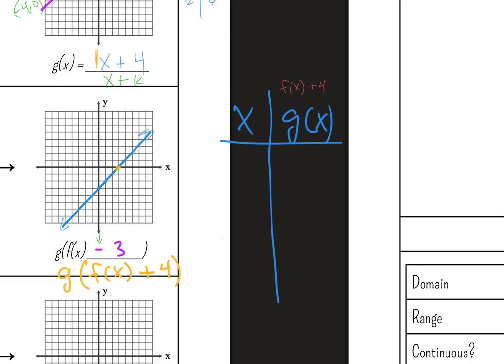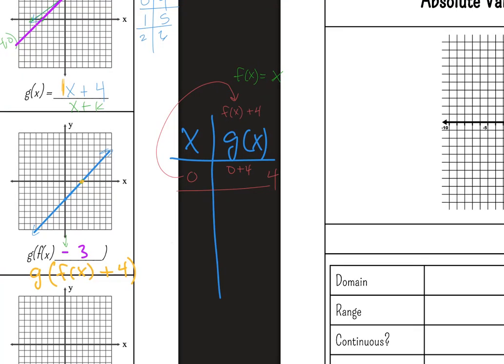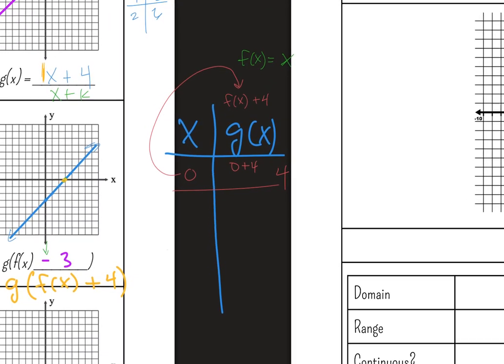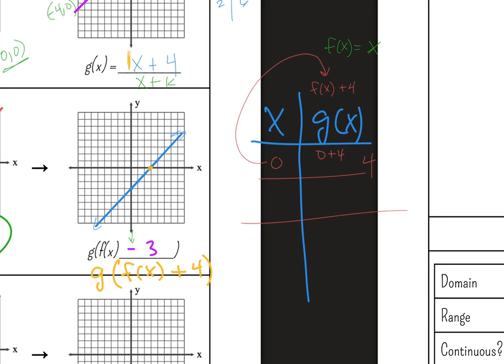Okay, so if we plug in 0, 0 goes right there. When x is 0, we have 0 plus 4, which is 4. And if you're like, wait, why is this 0 then? Because remember, f of x is really just x, right? F of x is really just x. Okay. So now let's go ahead and graph it. x is 0, y is 4.